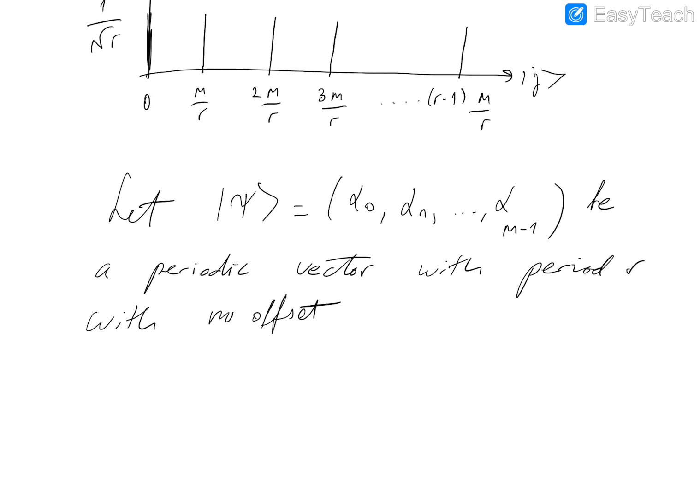That is to say, the only non-zero terms are alpha 0, alpha r, alpha 2r, and so on.